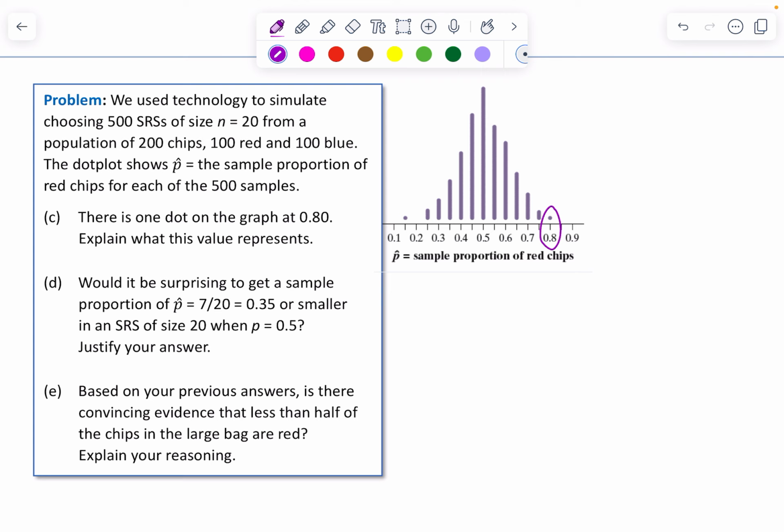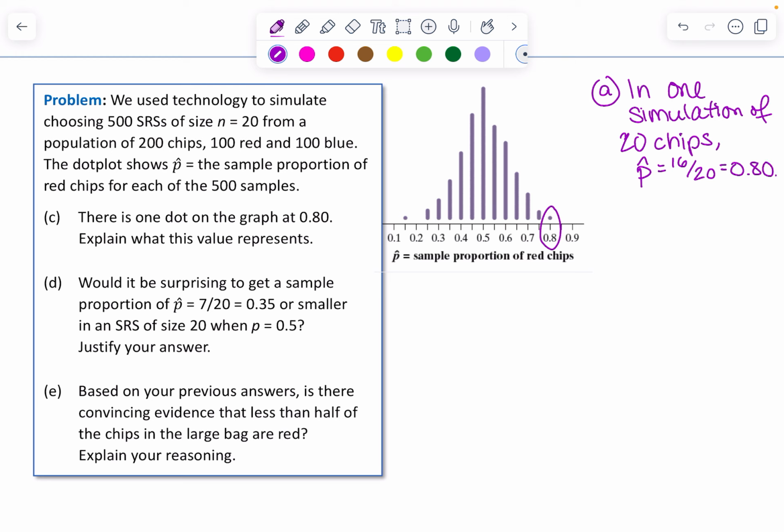That means in one simulation of 20 chips, p hat was 16 out of 20. So that's crazy, right? That's way higher than the 50% we had. It's actually 80%.